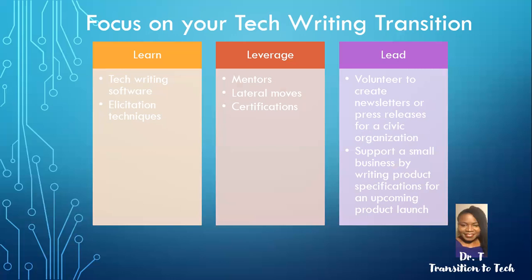You may be the individual that's actually scheduling your own interviews with the stakeholders to get that content that you need to write about. So you want to look into elicitation techniques such as the 5 whys, brainstorming.